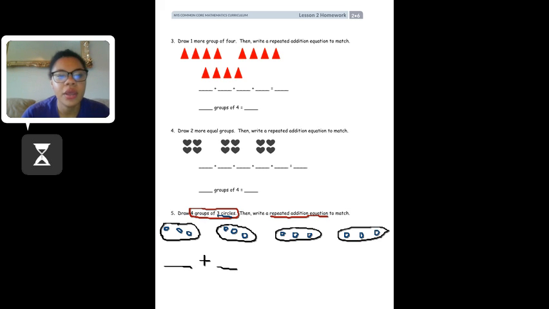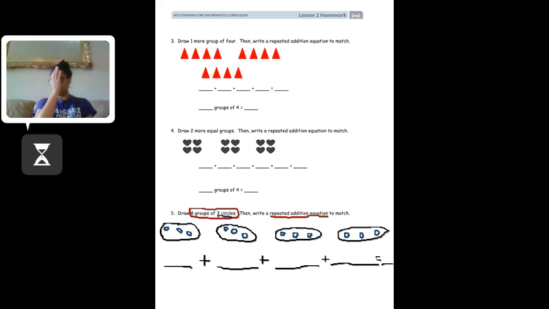Then I'm going to put a blank down for this group, and then I'm going to put my addition sign. And then I need a blank down for this group, and then an addition sign, and then I have a blank down for this group, and then I'm going to have my total at the end.